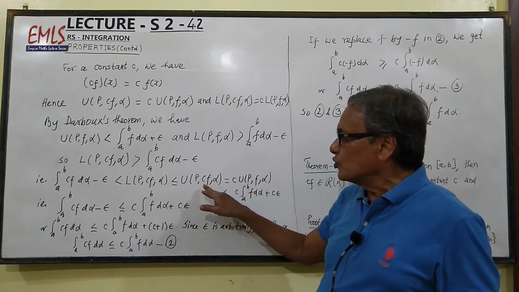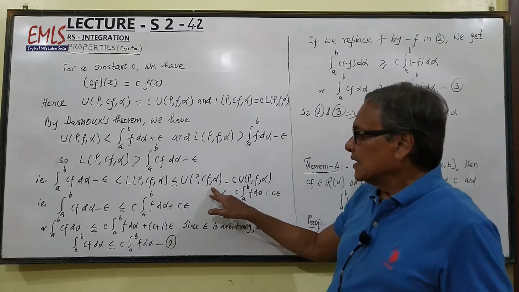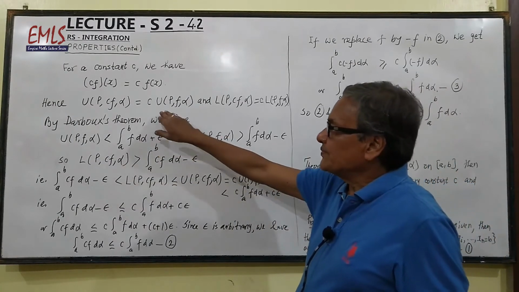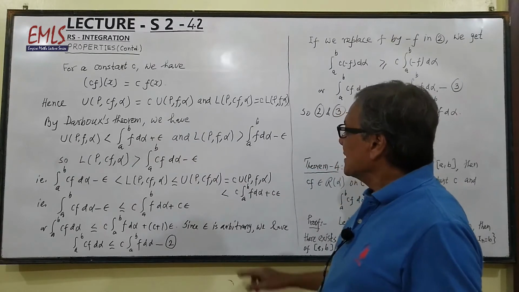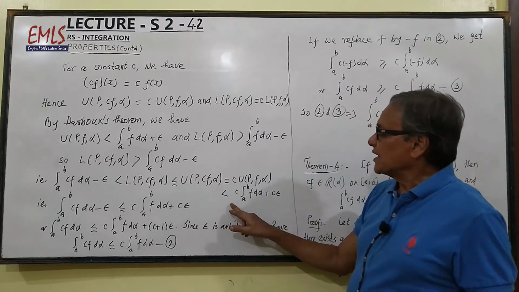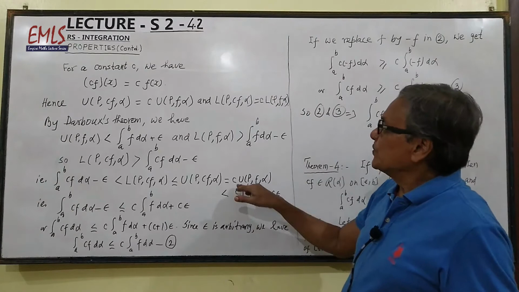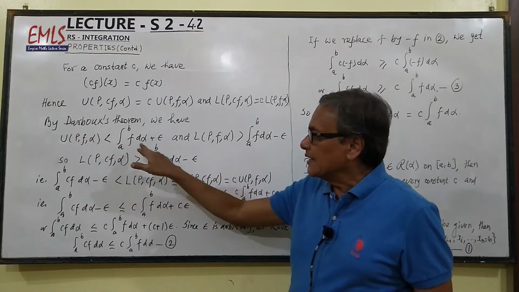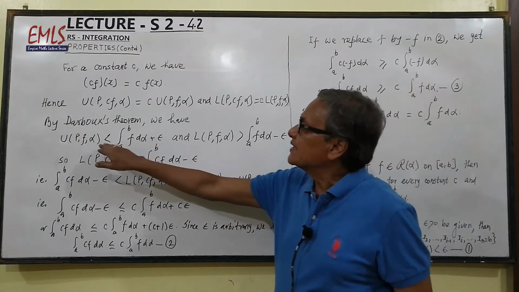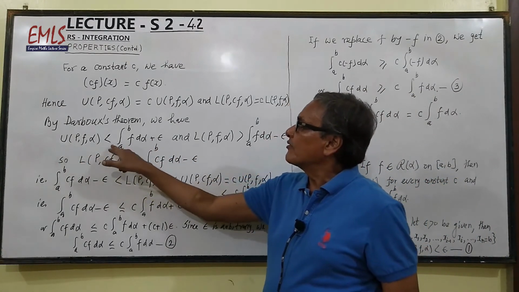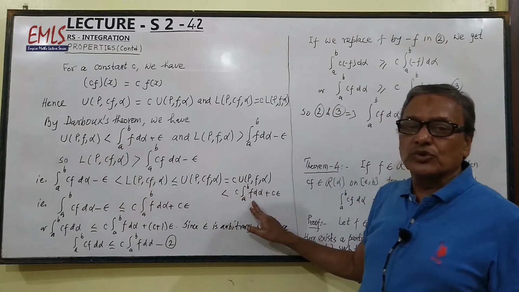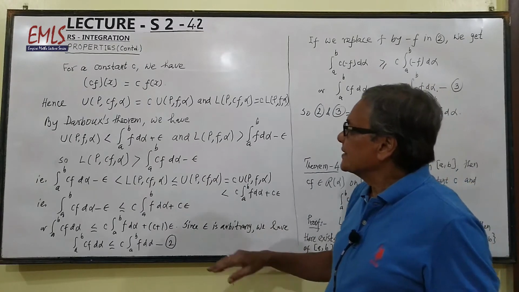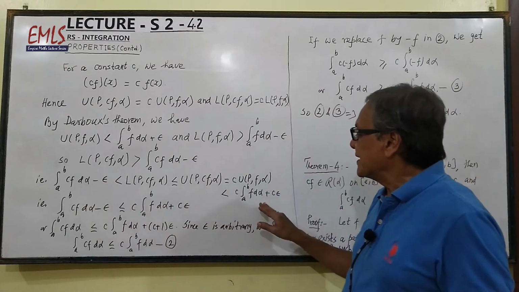This will be less than U(P, cf, alpha), and this is equal to c times U(P, f, alpha) from this expression, and this will be less than c times the integral of f d alpha plus epsilon, because U(P, f, alpha) is less than the integral of f d alpha plus epsilon, so it will be multiplied by c. So c times U(P, f, alpha) will be less than c times the integral from a to b of f d alpha plus c epsilon.